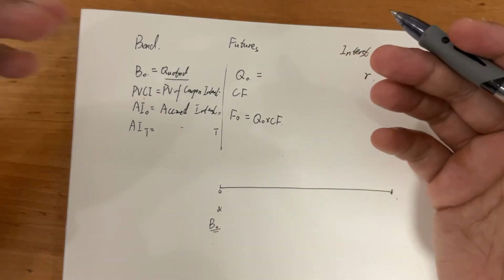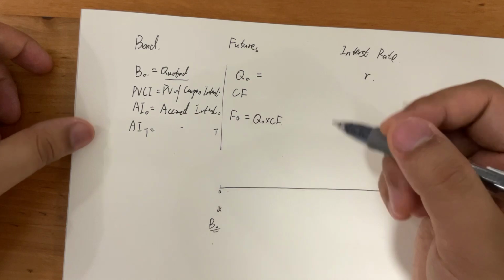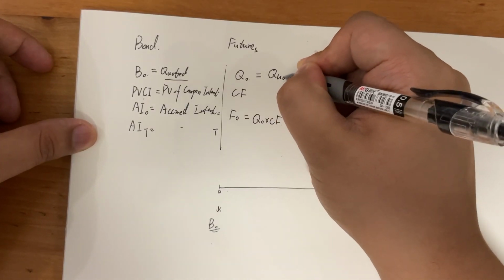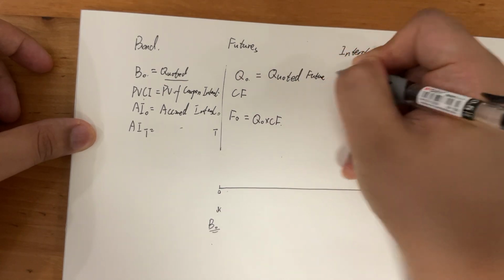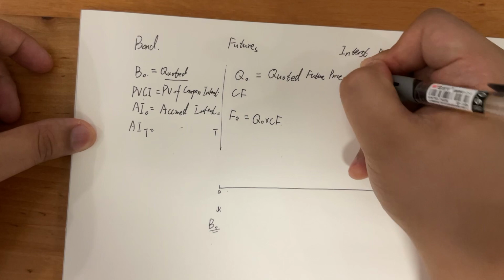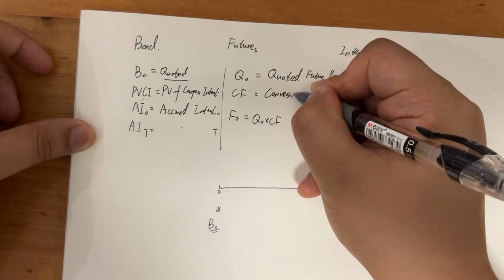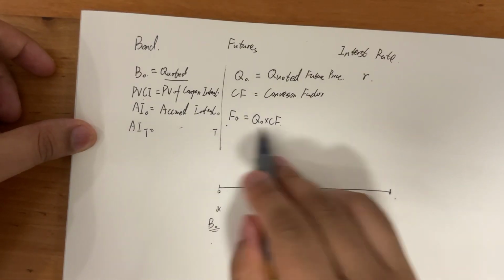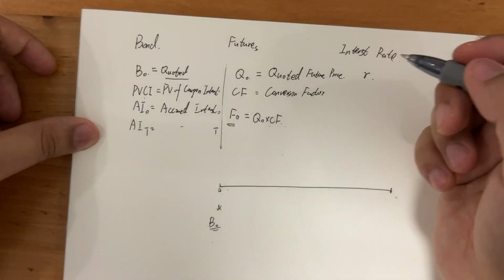So there will be the quoted future price, CF will be the conversion factor, and F0 will be the adjusted future price.